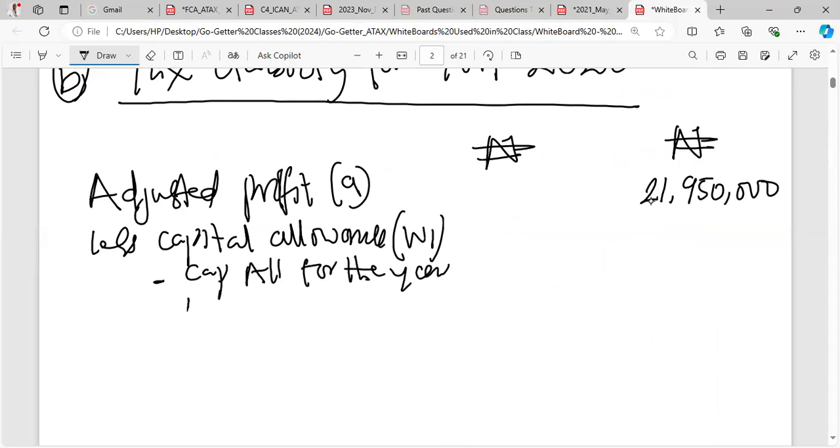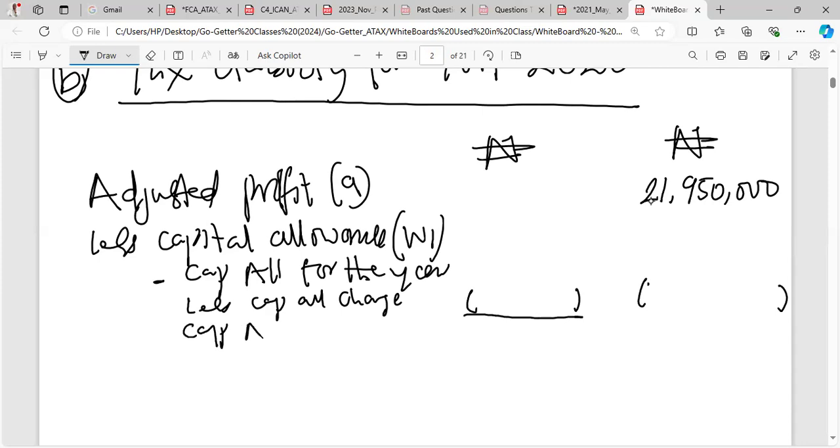Then we'll say less capital allowance charged. So we'll bring it down here, and we'll also bring it down here. Whatever we remove, this will be capital allowance carried forward. So whatever we have here is what is carried forward.